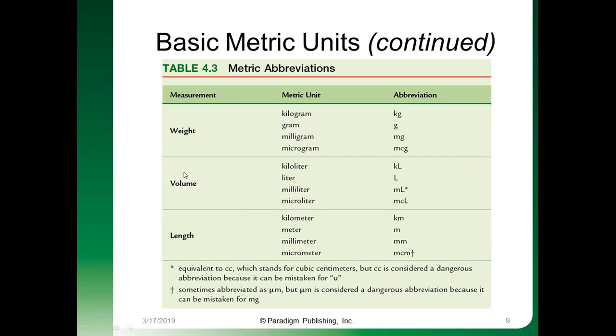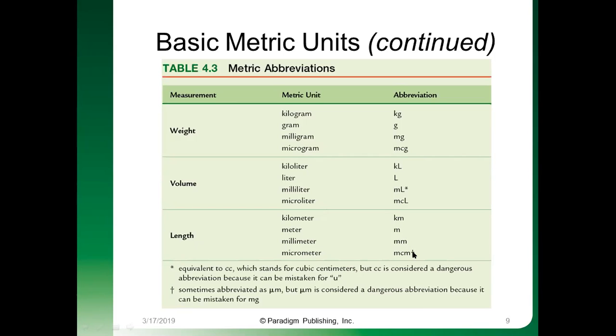And for volume, again, we said volume is in liters, so you will see it at the end with the prefix of kilo, milli, or micro: kiloliter, kL, liter, L, milliliter, mL, and mcL for microliter. And length, we said, was in meters. So we just put the prefix: kilometer, km, meter, m, millimeter, mm, micrometer, mcm.